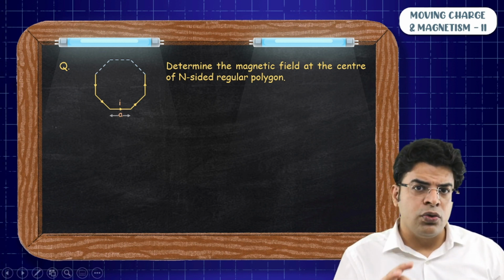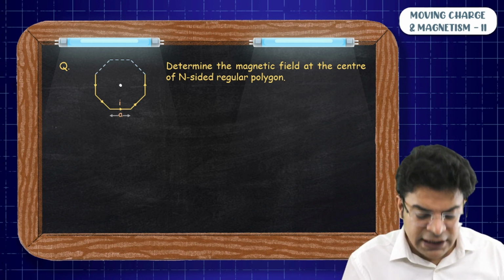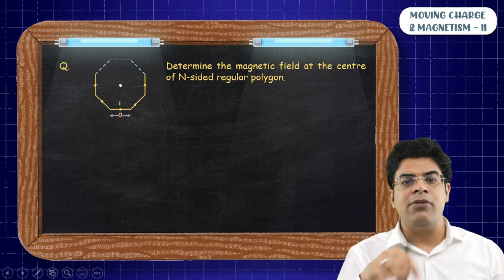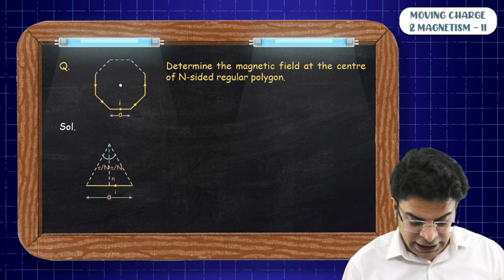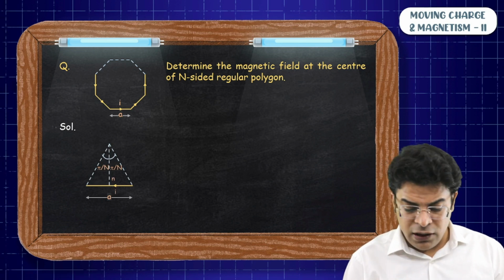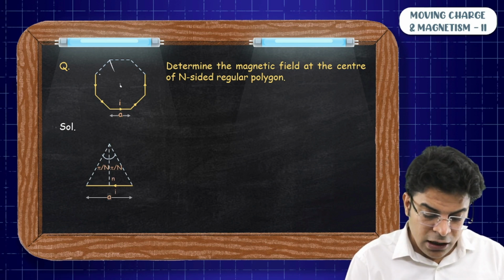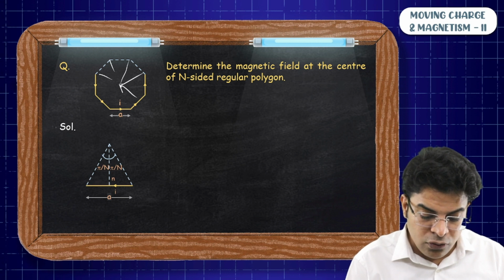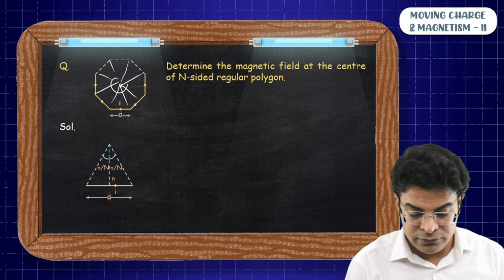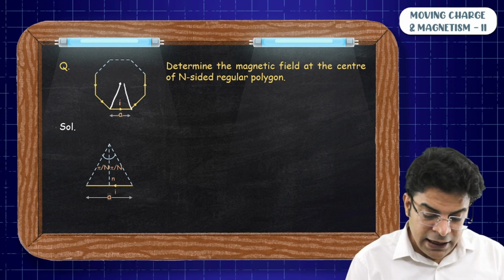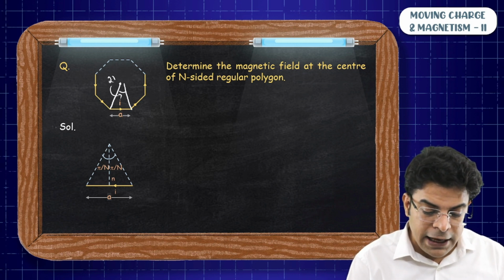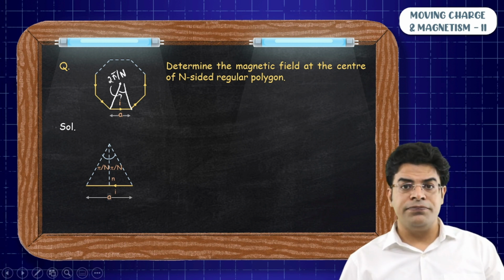So you need to write the magnetic field at the center due to one of the sides and then multiply it with n. So just visualize one of the sides. Now if the whole polygon subtends a combined angle of 2 pi at the center, then one of the sides will subtend an angle of 2 pi by n at the center.